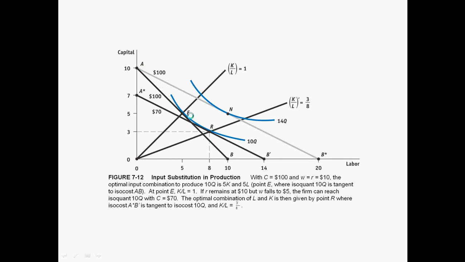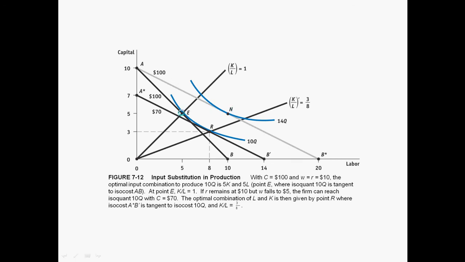So we start at AB, and at AB, then E represents the cost minimizing method of production. But now let's suppose labor falls in cost. Labor becomes twice as cheap. Well, if you want to incur the same cost that you did before, $100 worth of cost, then you can move out here to this line, and then you can actually produce at point N.